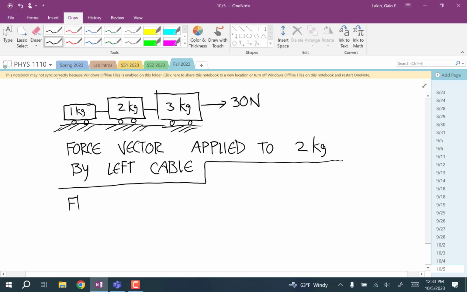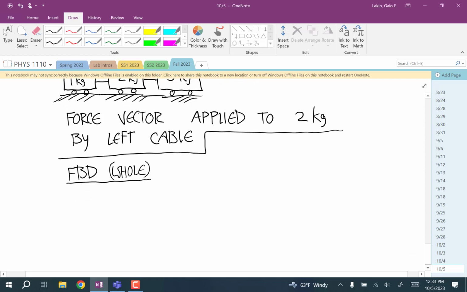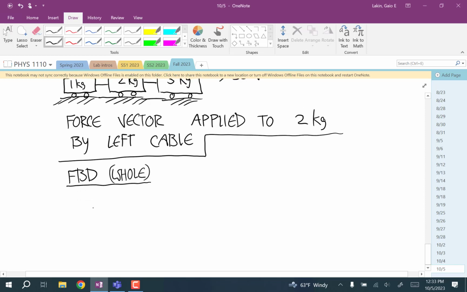So I'll start with a free body diagram of the whole system. You don't have to do this carefully.